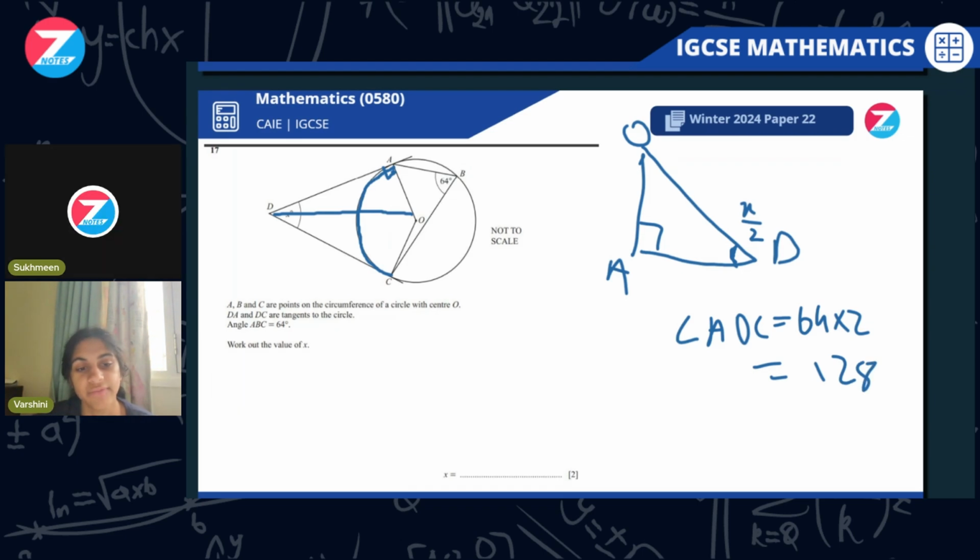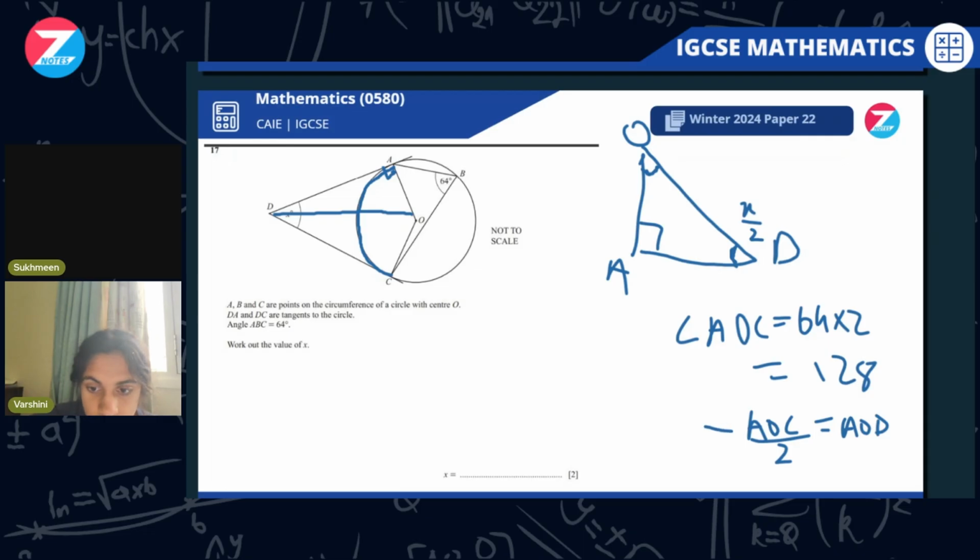We only want half AOC to find our triangle. So half AOC, this angle, is going to be AOD. So AOC by 2 equals AOD equals 64. So now we know this angle is 64.